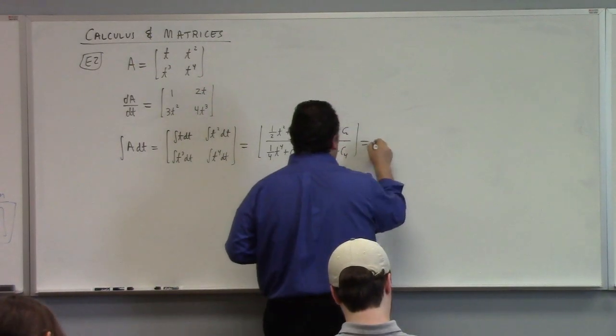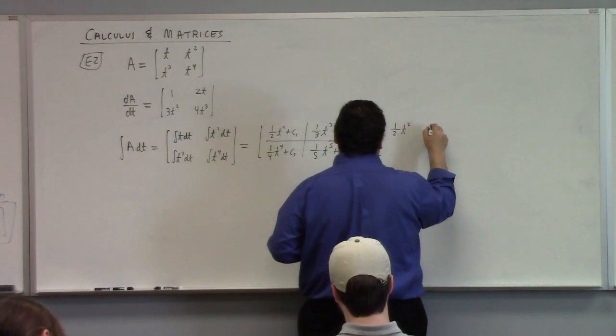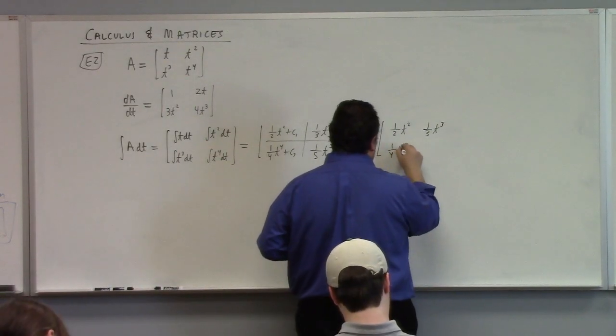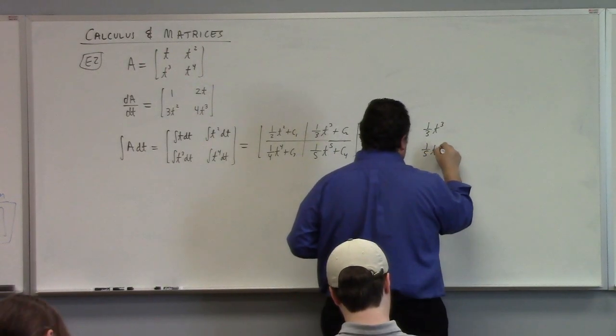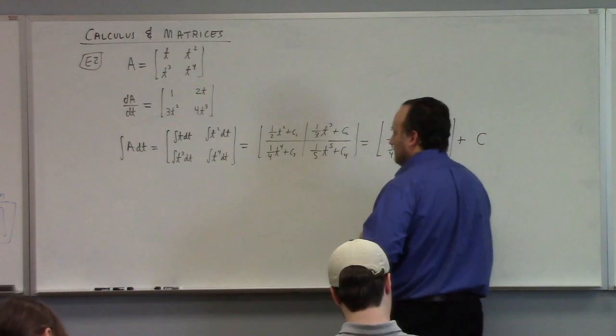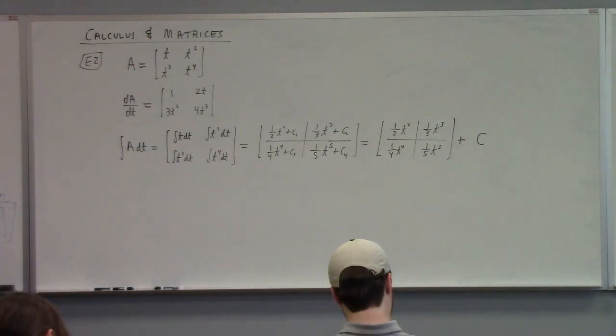Or you could write it like this: 1/2 t squared, 1/3 t cubed, 1/4 t to the fourth, 1/5 t to the fifth, plus a constant matrix. We could just add a constant matrix if we wanted to look at it that way.